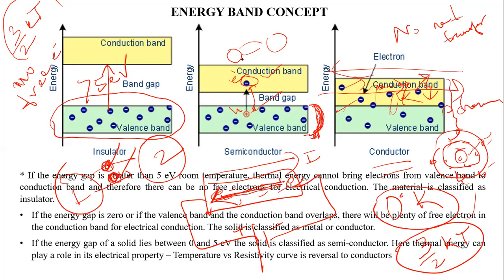The first charge carrier is called free electrons, which can easily move within the solid, that is within the conduction band. And another charge carrier is called hole, which is simply a vacancy created by the dislodging of an electron. So that hole also can result in transfer of charge. So therefore, we have two types of charge carriers.